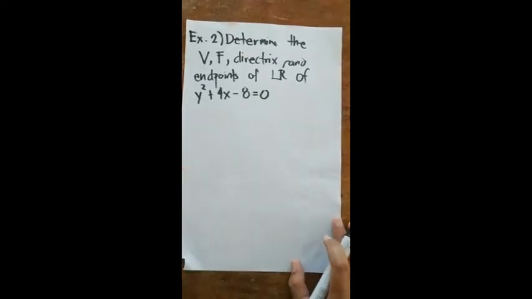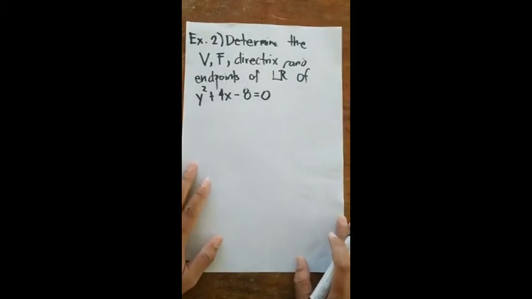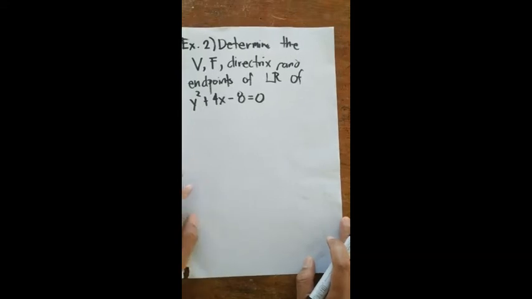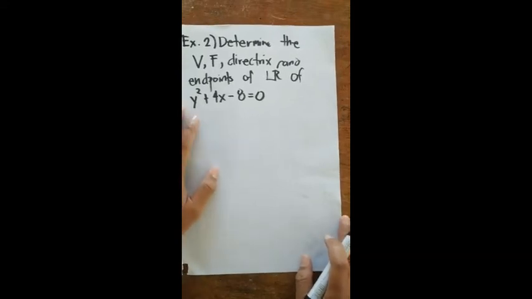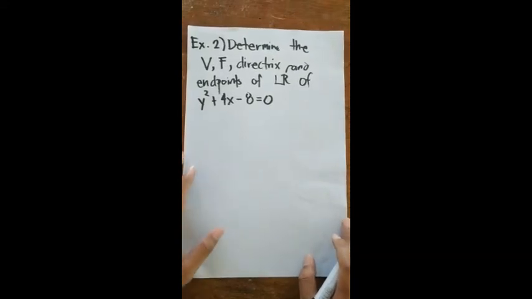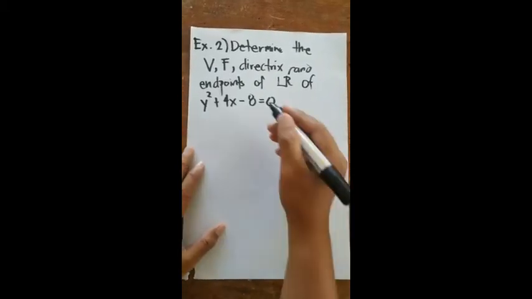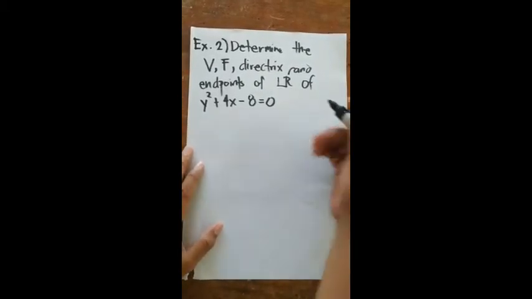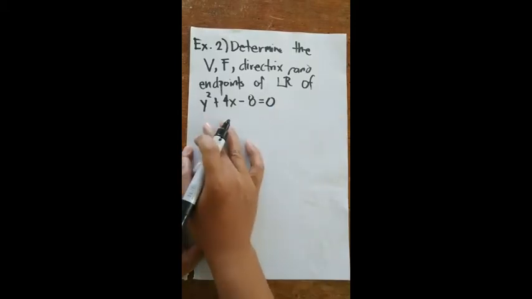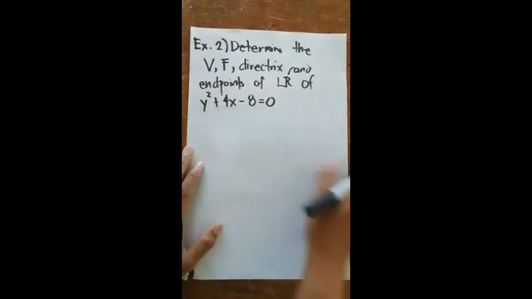In our second example, determine the vertex, focus, directrix, and endpoints of the latus rectum of the equation y² + 4x − 8 = 0. This is actually quite easy. We combine like terms with the same variable.